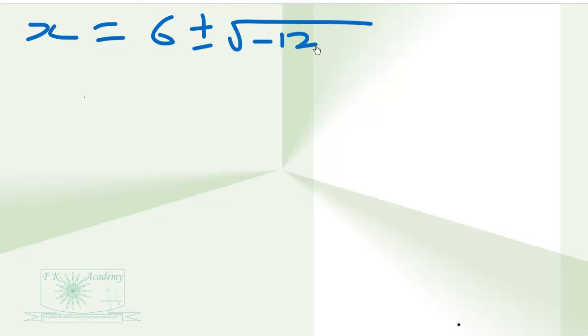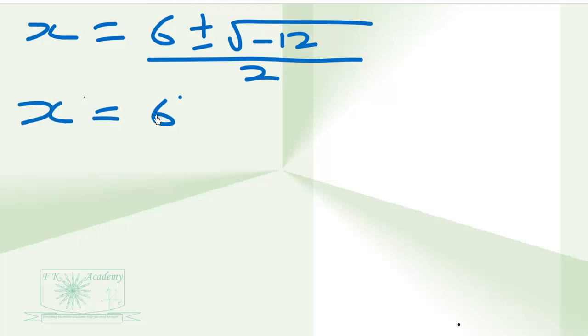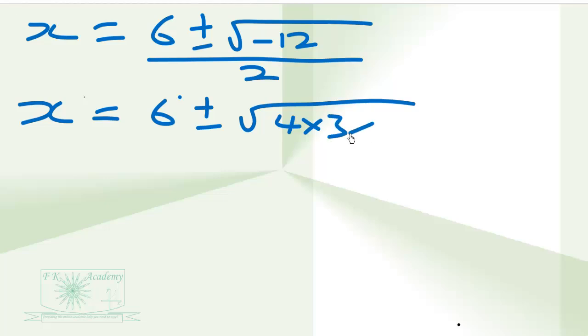So this gives us 6 plus or minus square root of negative 12, because 36 minus 48 will be negative 12, divided by 2. So we have x equal 6 plus or minus square root of 4 times 3 times negative 1.